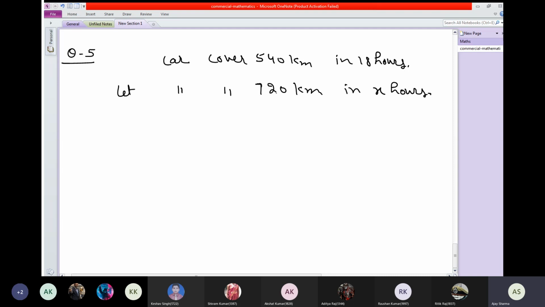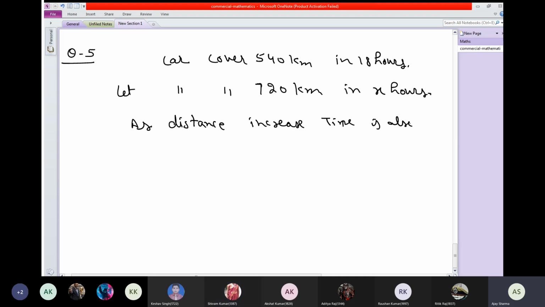Now tell me, if the speed remains the same or constant, then the number of hours will increase or decrease? Increase. Same line you have to write: as the distance increases, from 540 to 720, time also increases.